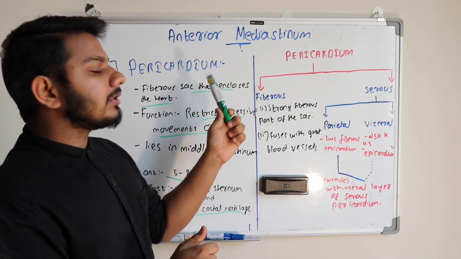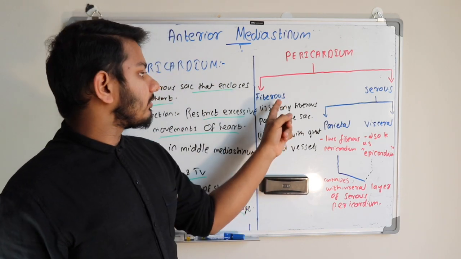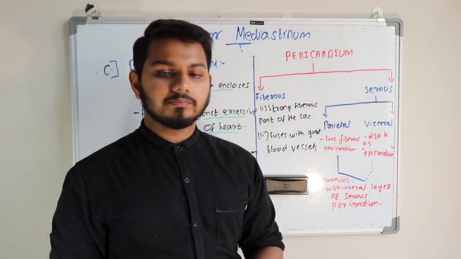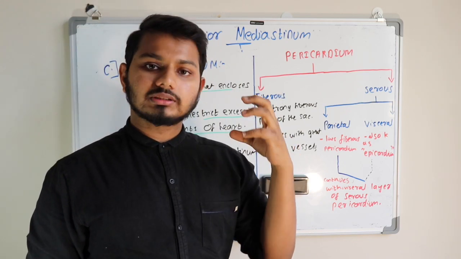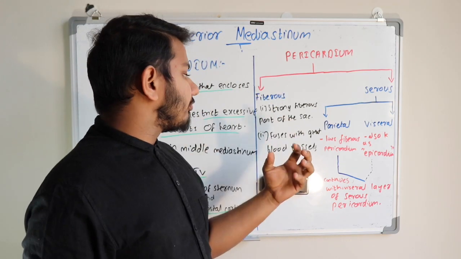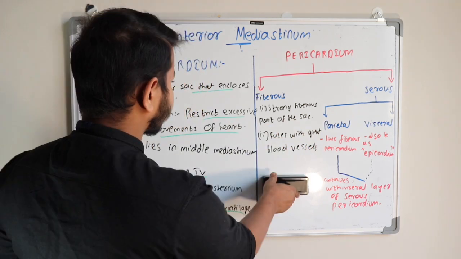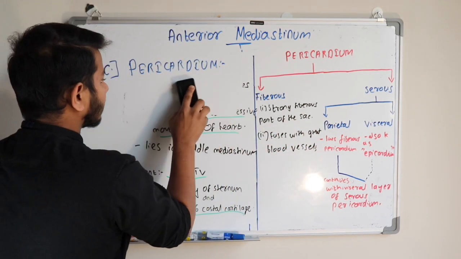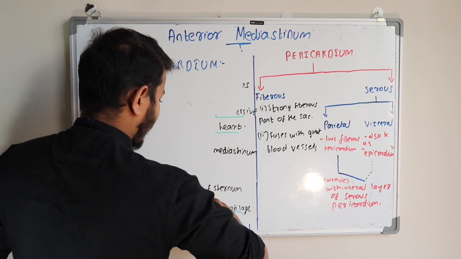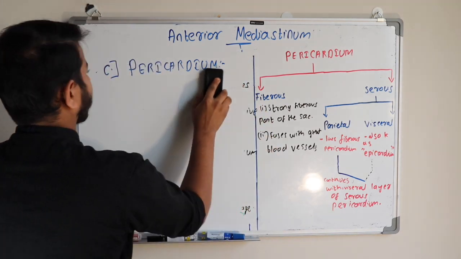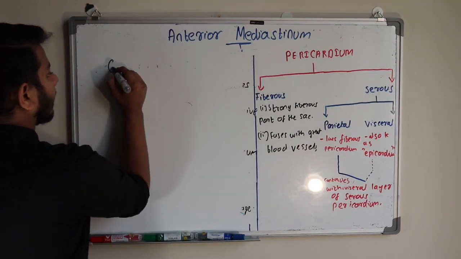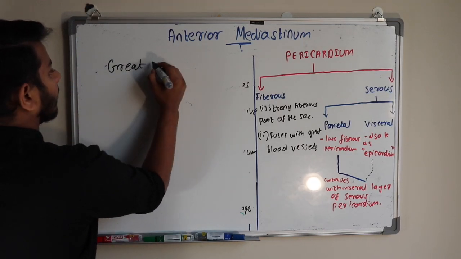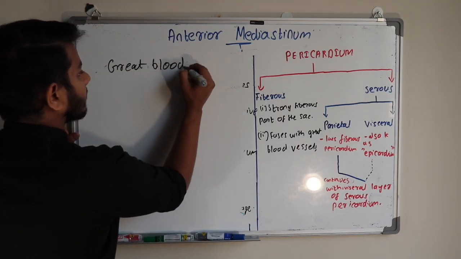This pericardium is divided into two: fibrous pericardium and serous pericardium. The fibrous pericardium is a strong fibrous part of the sac, and it fuses with the great blood vessels.